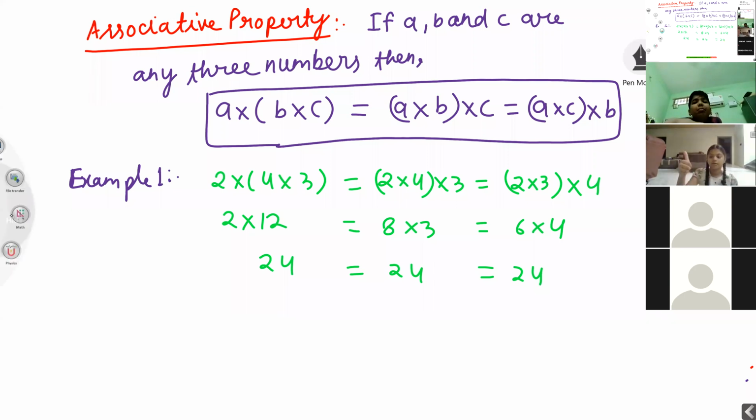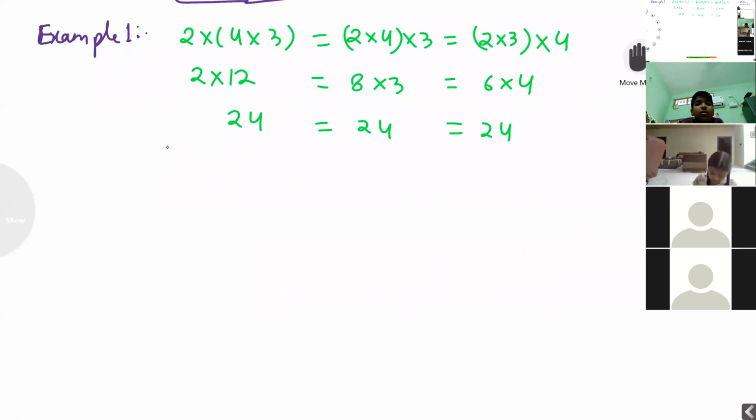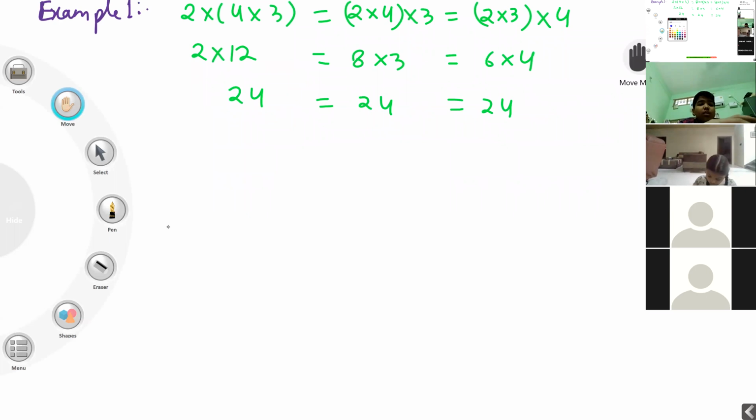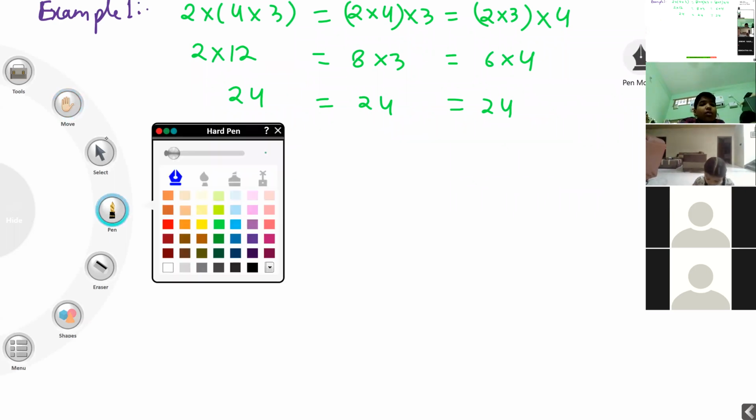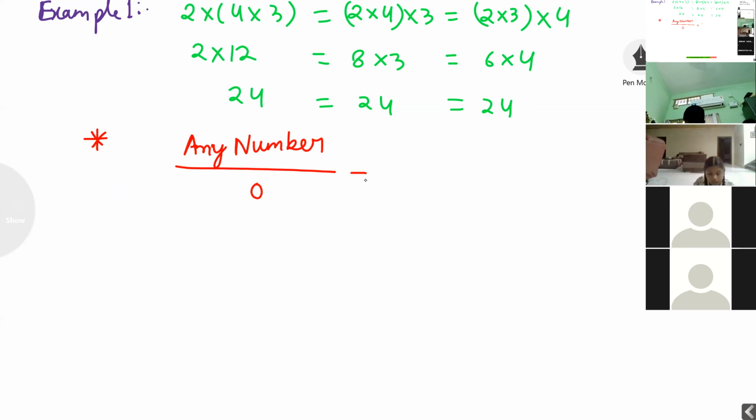Next, keep star points, students. First star point. Any number divided by 0, answer is undefined.